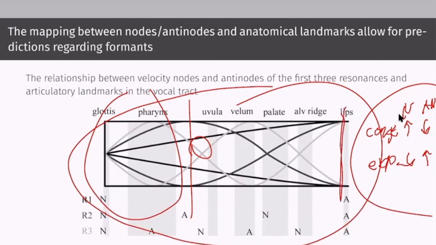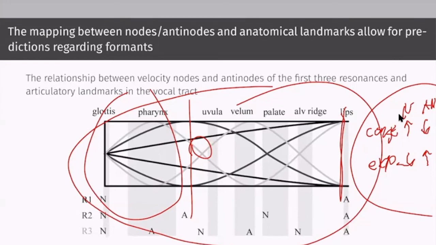So I'm chilling, enjoying life near the first resonance. Suddenly, the human makes a constriction at their lips. What happens to me? Yeah, so the resonant frequency goes down.